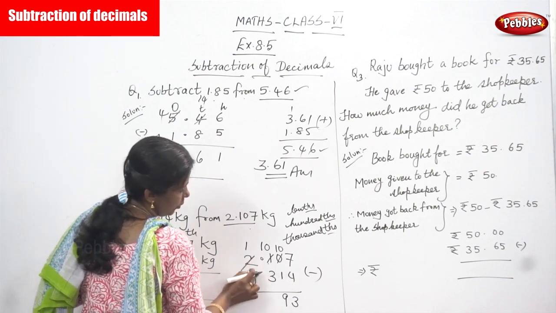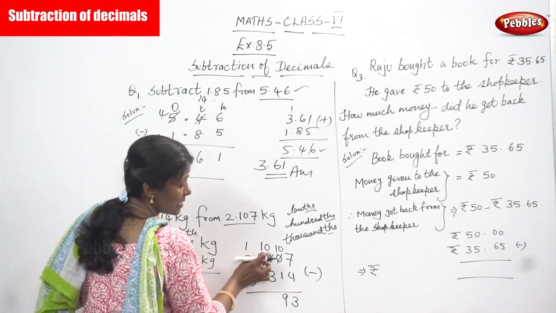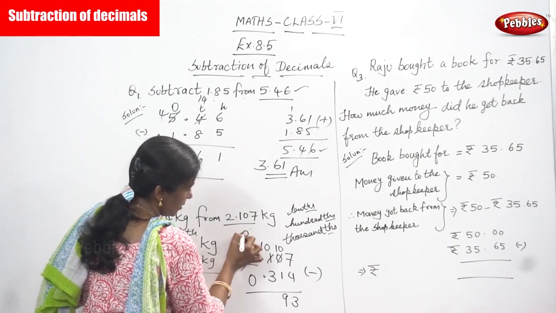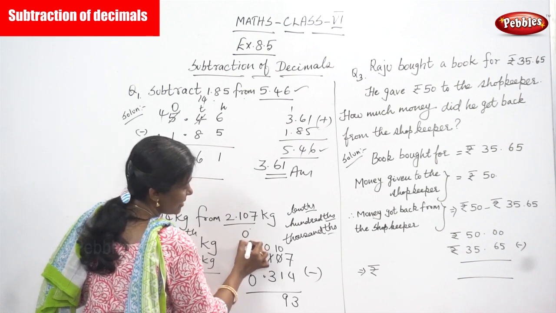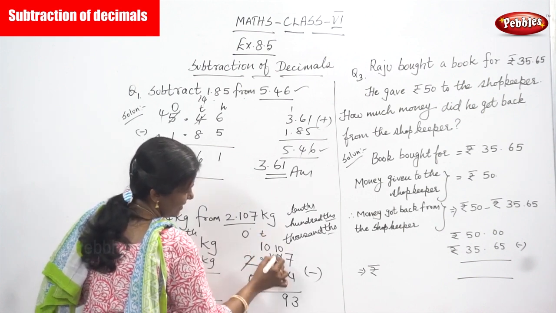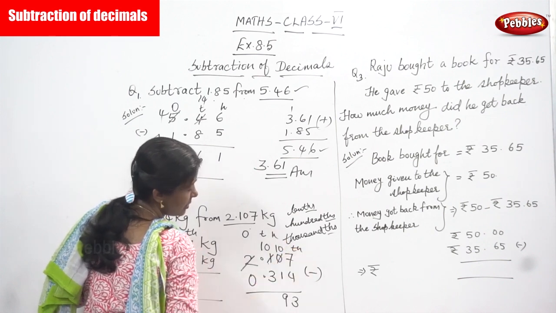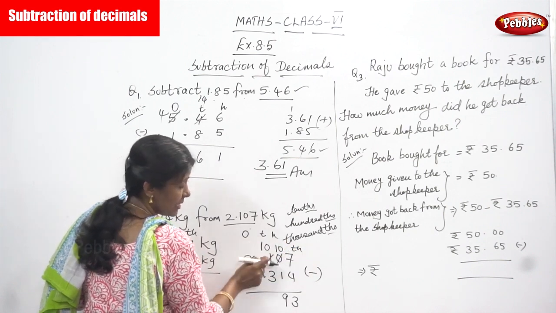This is the decimal. Ones is a whole number, this is tens, this is hundreds, and this is thousands, right?